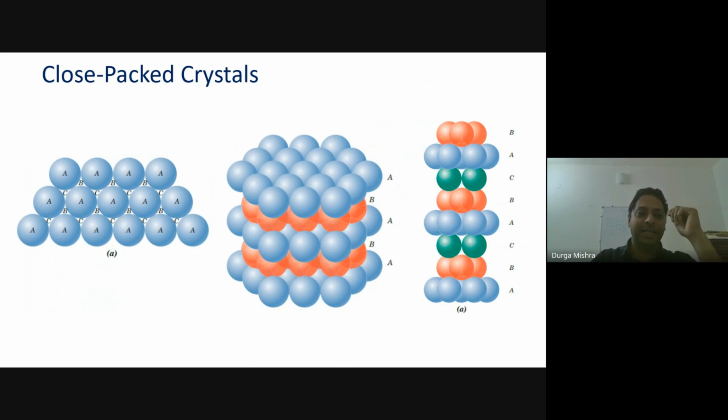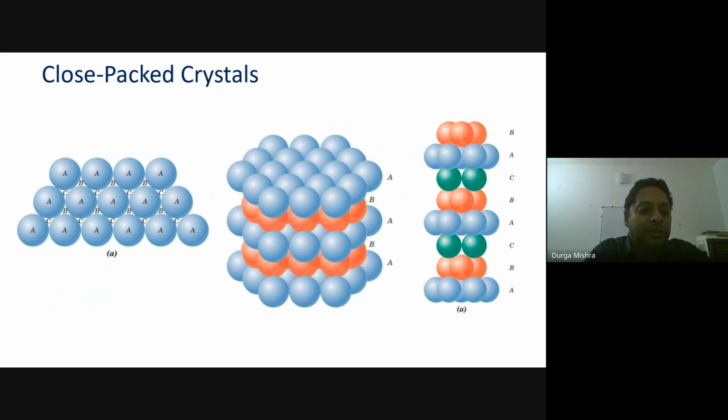Another interesting aspect is the close packed crystal. If you look at the arrangement of these atoms on the left hand side, we have a packing which is assigned position A. Now for the next atom, you have two kinds of voids here.